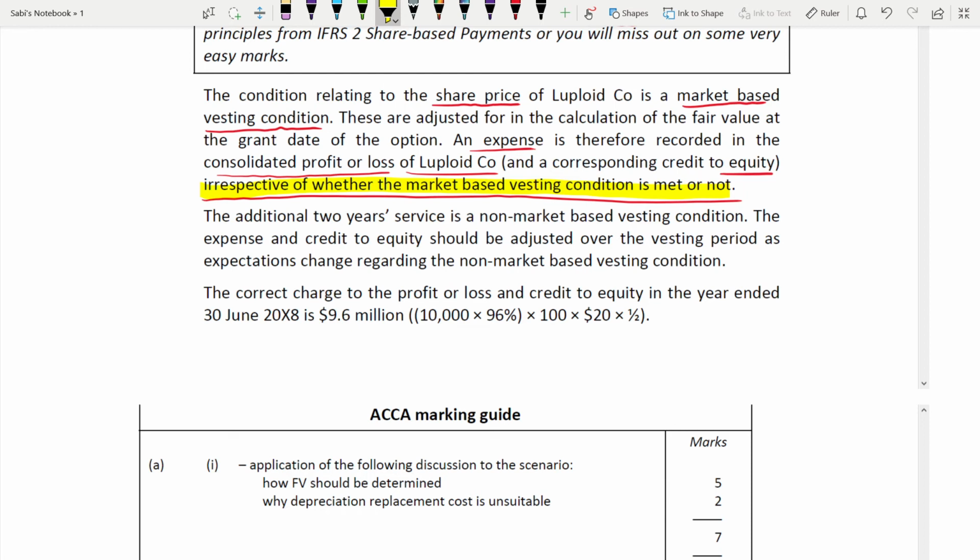So the additional 2-year service is a non-market-based vesting condition. This you have to understand that this is non-market. It is not a market-based vesting condition, the 2-year service. So the expense, because it is not a market-based condition, has to be adjusted. Remember that.